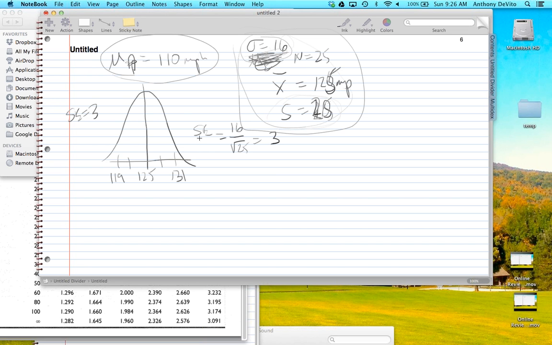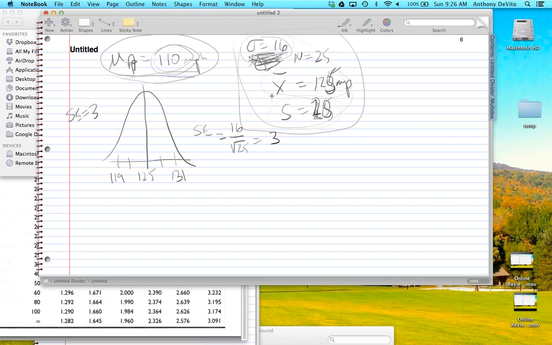Now, in that case, if the sample that I took got a mean of 125, and I know the entire population of American cars has a mean of 110, how likely is it that I would get a value of 110 out of this population?